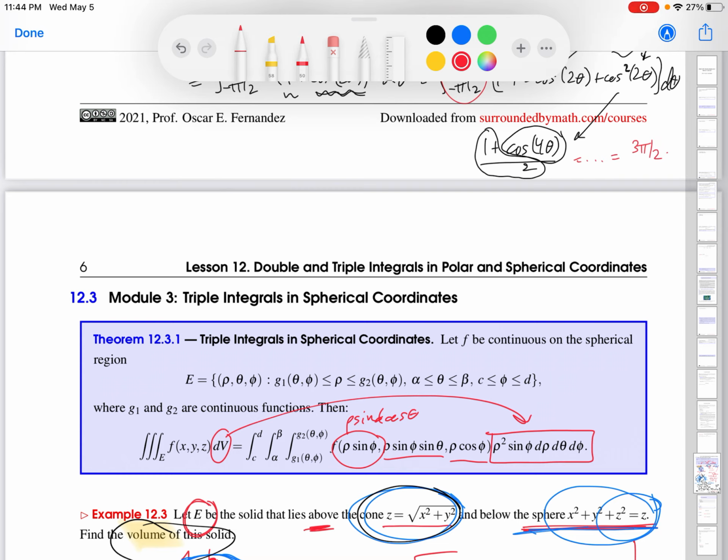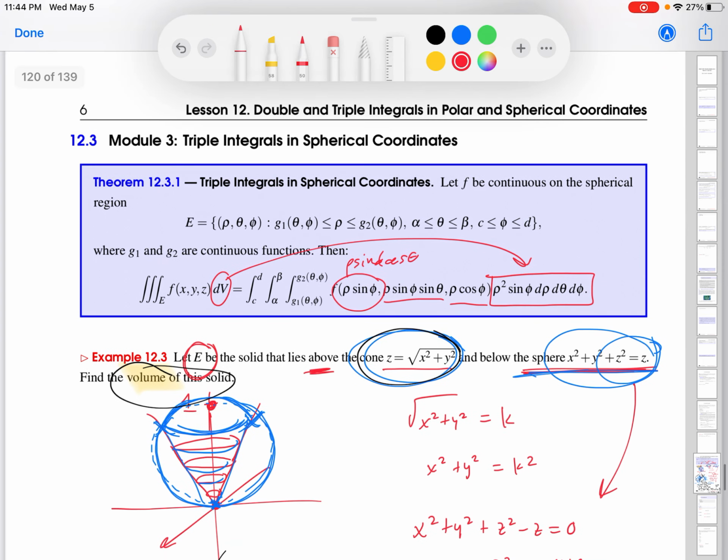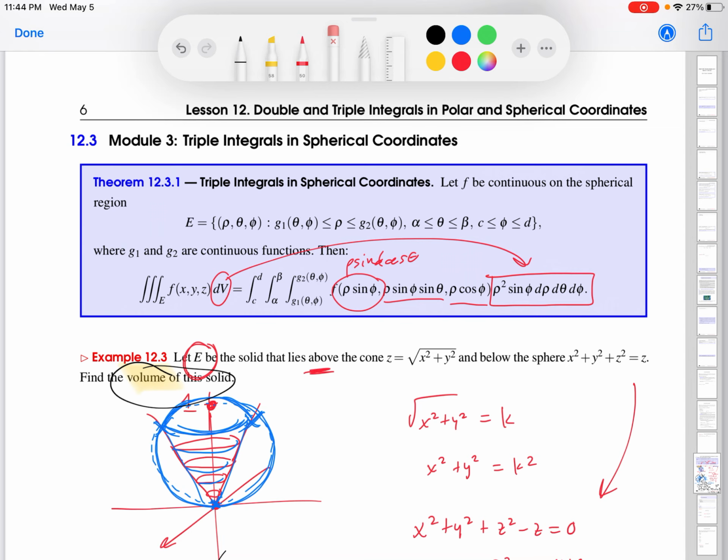And then last thing to mention about spherical coordinates is kind of like what we just did in Module 2 video with polar coordinates. It is advantageous to do enough practice problems so you get comfortable with what form of the equations in Cartesian coordinates you should start from to convert.